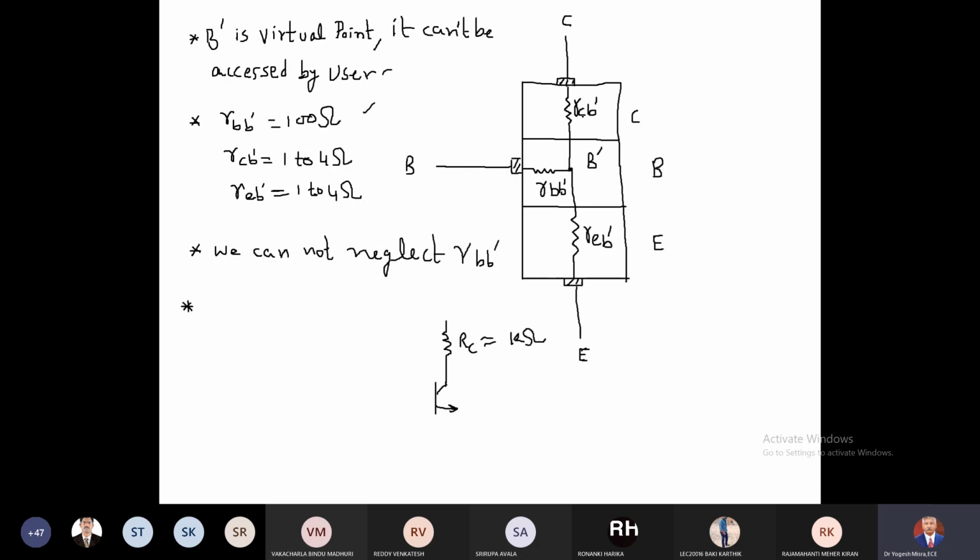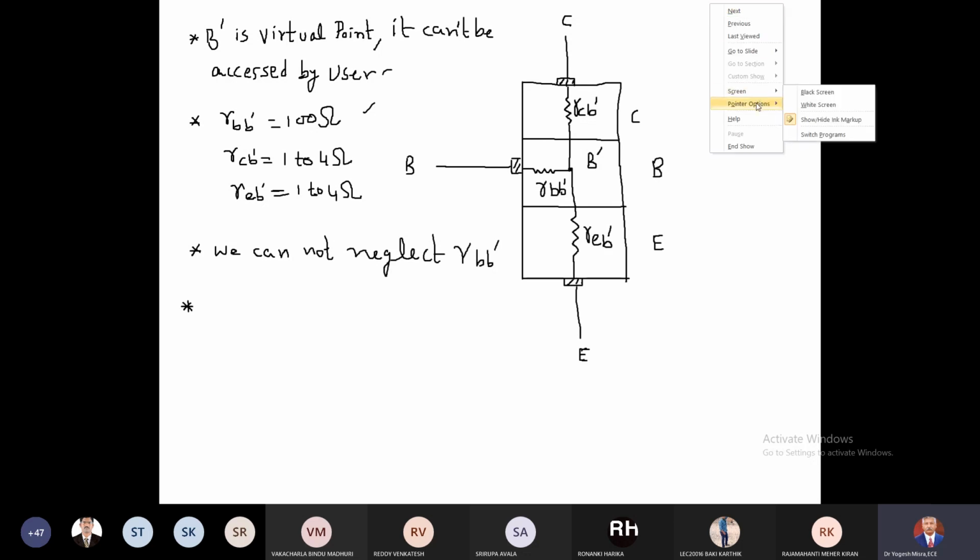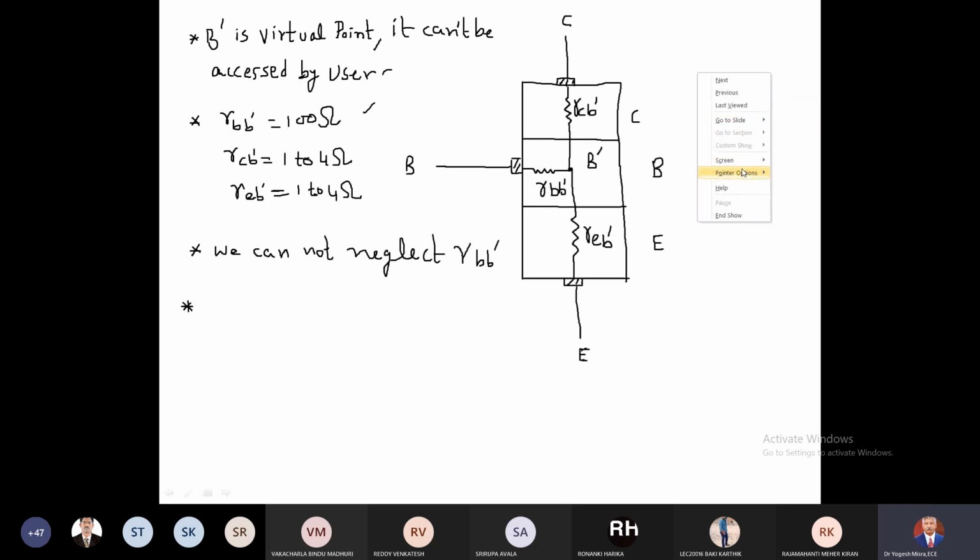So now see R_CB', or I draw this diagram somewhat neatly. Okay, you consider here itself. Suppose here we have connected one resistor RC and its value is in kilo ohm.